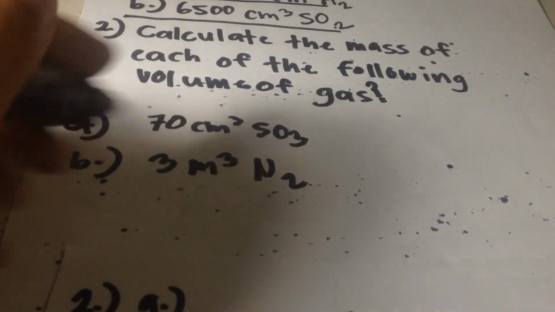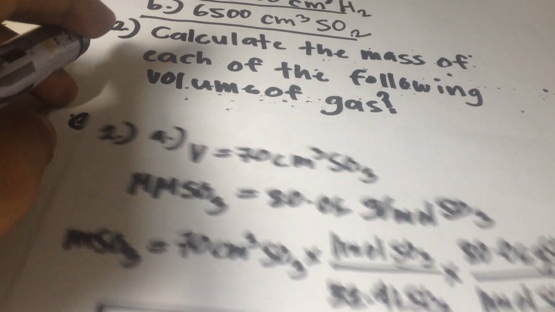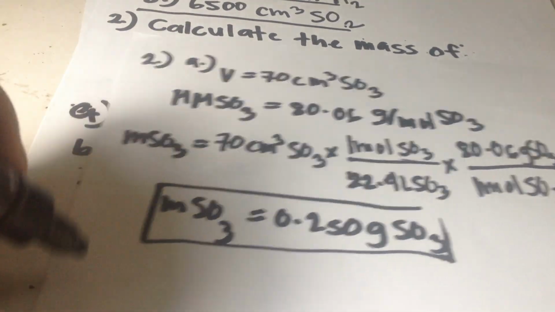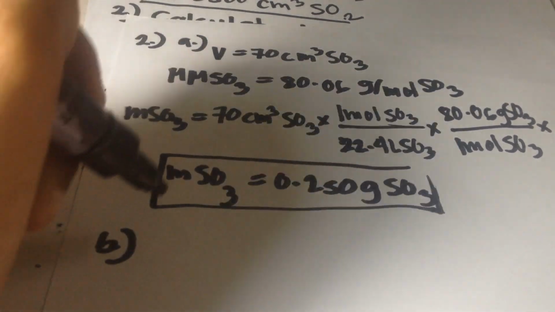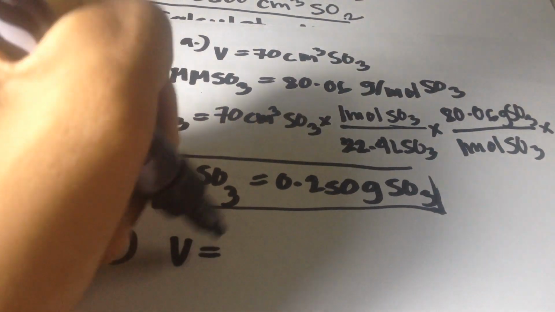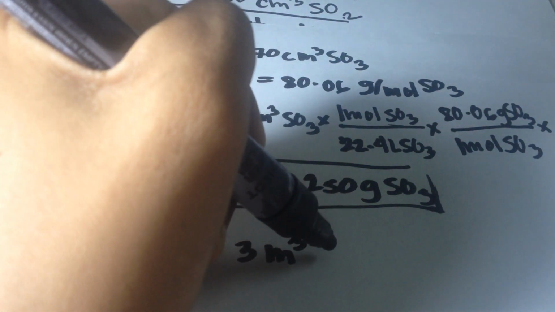We have 3 cubic meters of nitrogen gas. In letter B, the volume is 3 cubic meter of nitrogen gas.